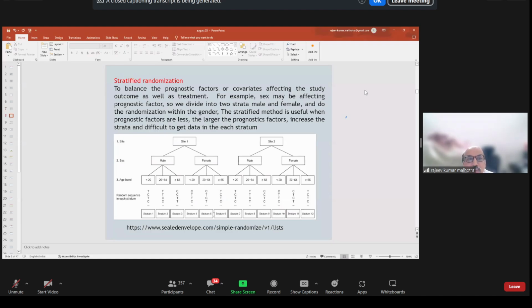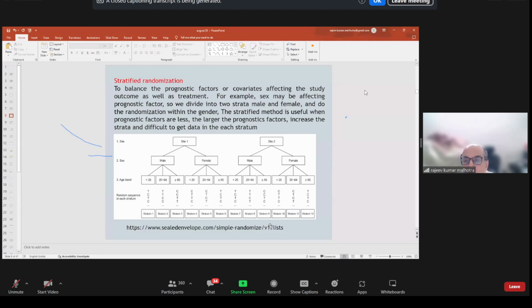Now we come to stratified randomization. The problem here is that with randomization we can adjust the confounding factors, known and unknown, but we cannot adjust the prognostic factors or covariates that affect the study outcome.